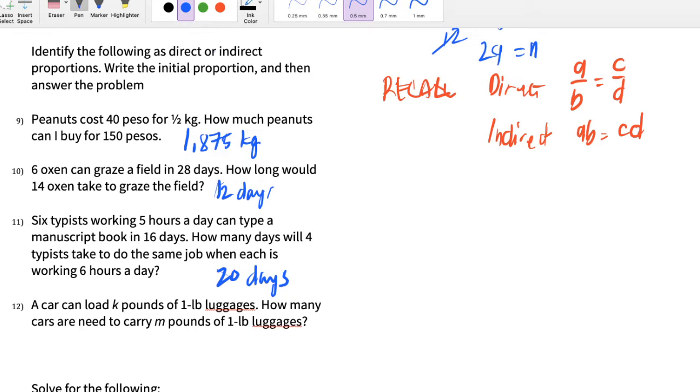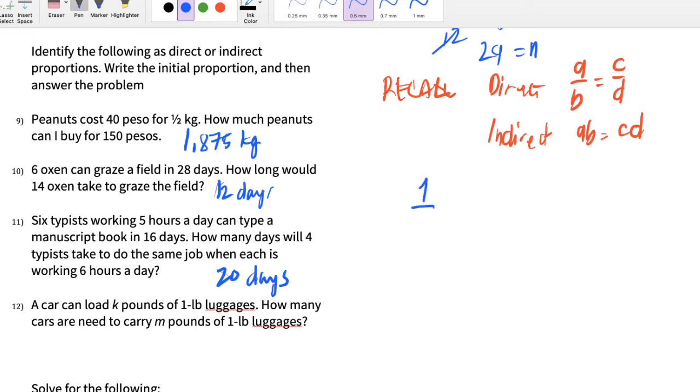So, ibig sabihin, meron tayong direct proportion dito. Kasi syempre, pag mas maraming kotse, mas marami ring luggages na pwede mong ipasok. Okay? O kaya naman pag mas onti yung kotse, mas onti rin yung pwede mong isakay na luggage. So, here we have car. Ilan yung number of cars sa first scenario? Isa lang.